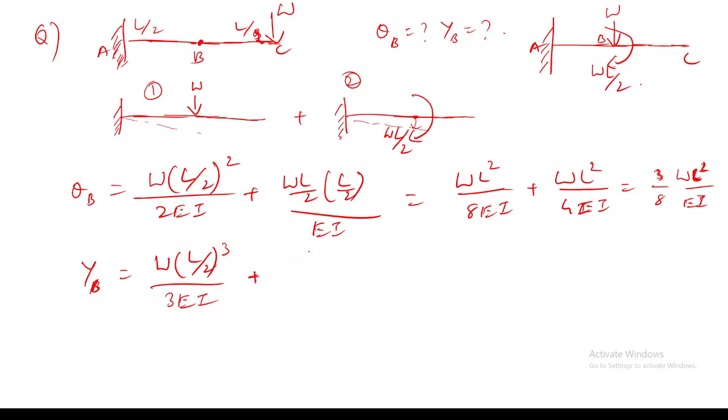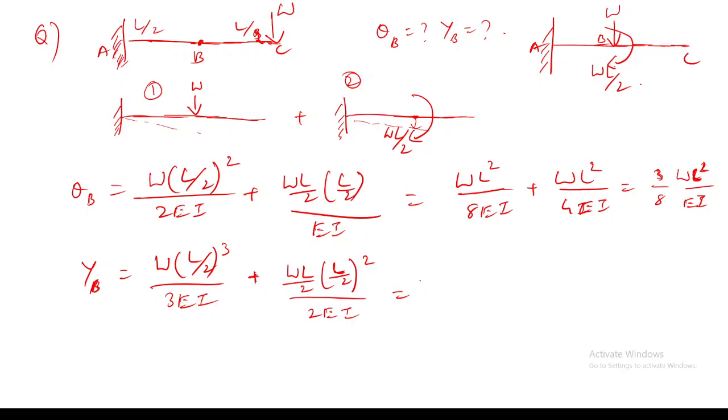It will be WL square by 2EI, right? So M is here W into L by 2, divided by, L by 2 square divided by 2EI. Okay.